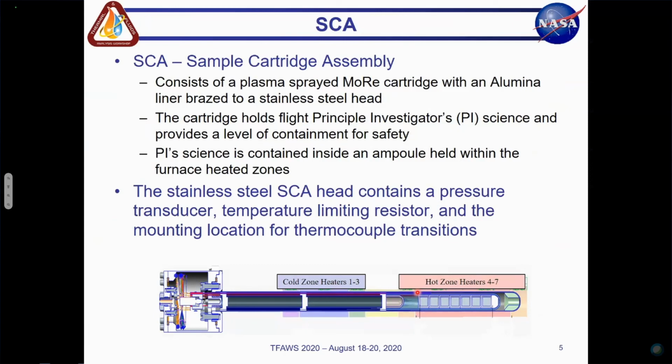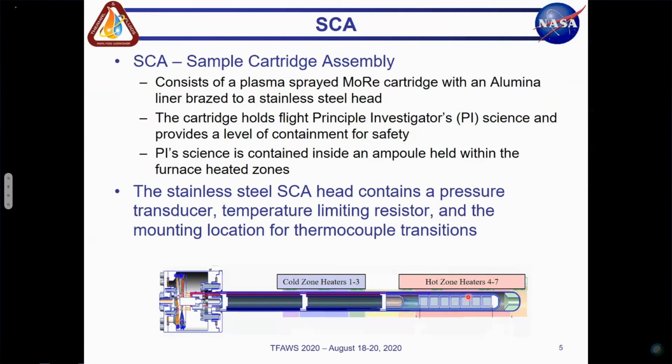We can change all the heater set points, and this PI and a couple other PIs just want a real nice isothermal gradient through the hot zone. But the vapor transport PI does want a large temperature gradient through his hot zone and to translate the furnace. He wants to translate a gradient through his ampule.